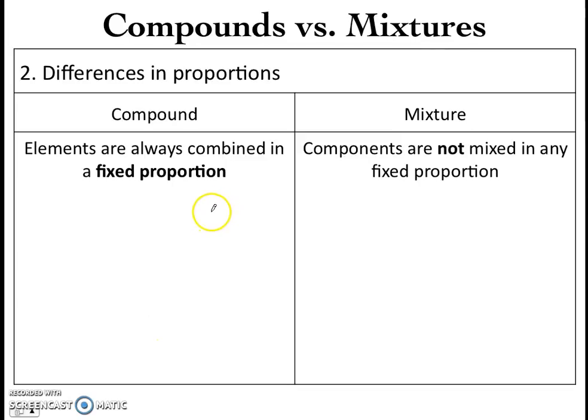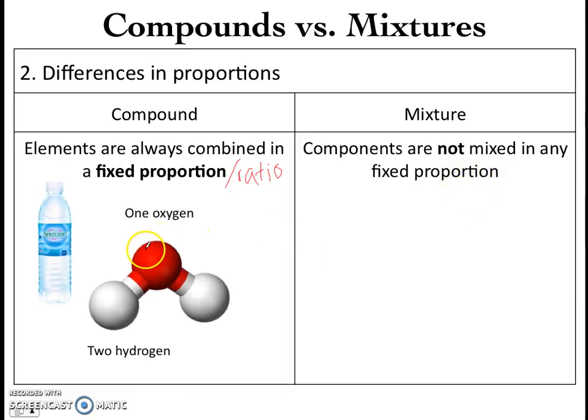Now, secondly, for compounds, the elements which make up the compound are always combined in a fixed proportion or ratio. However, in mixtures, the components which make up the mixtures do not need to be mixed in any fixed proportion or ratio. So take, for example, water.